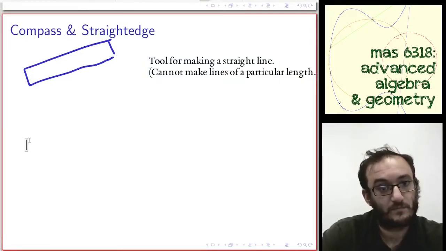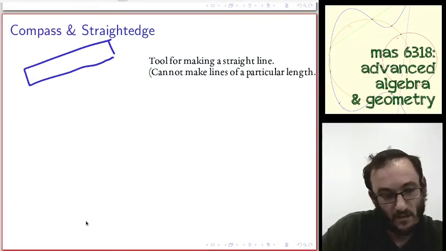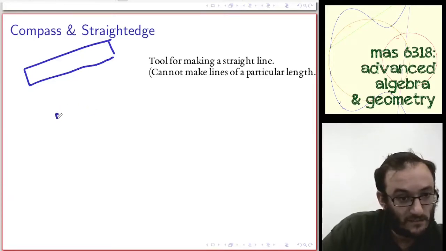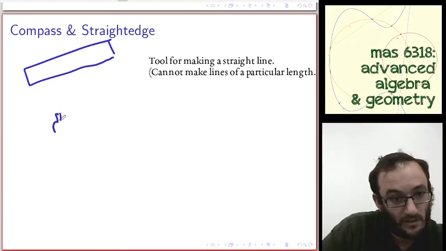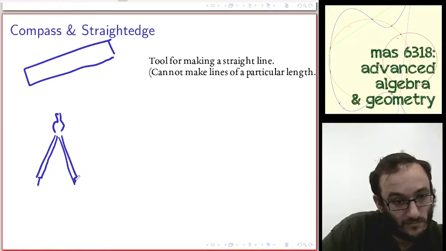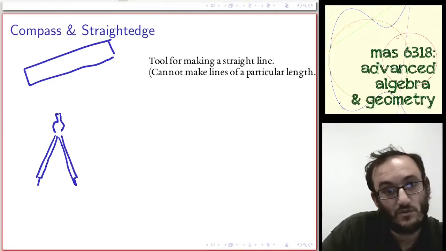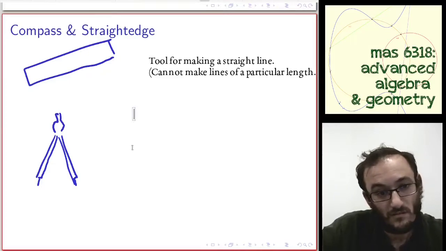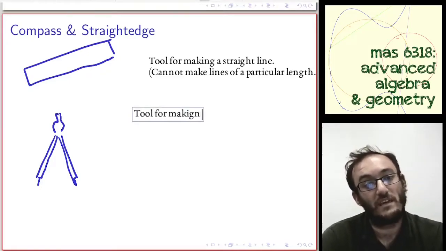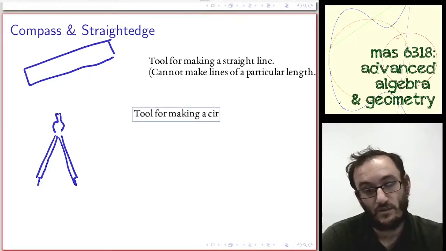And then a compass, those neat little devices you might have seen at some point, is a tool for making a circle.